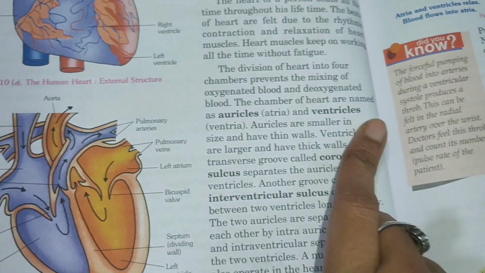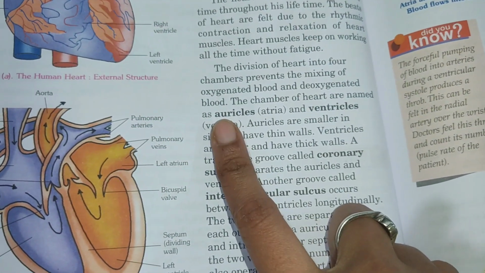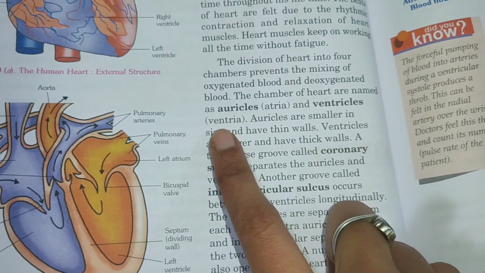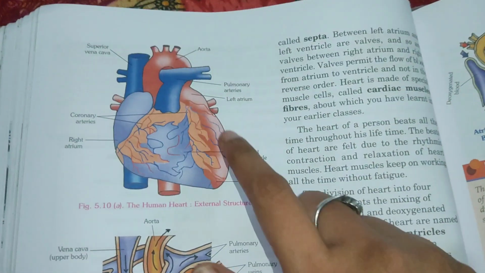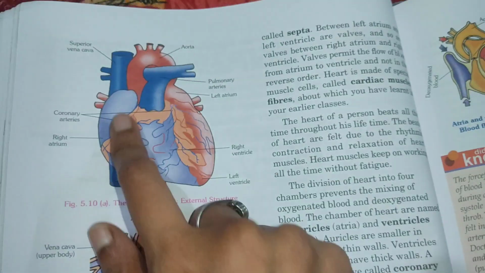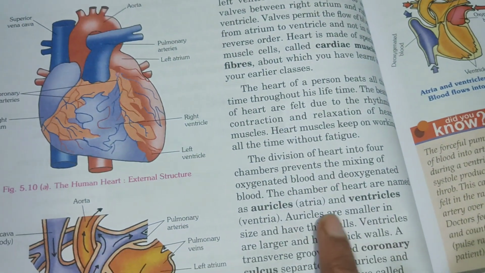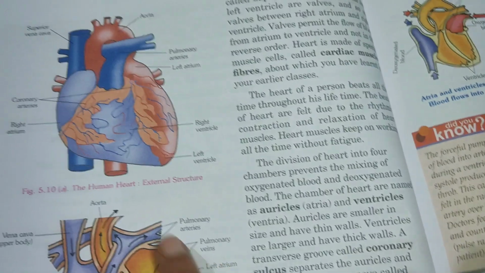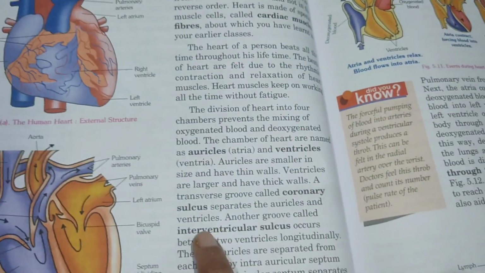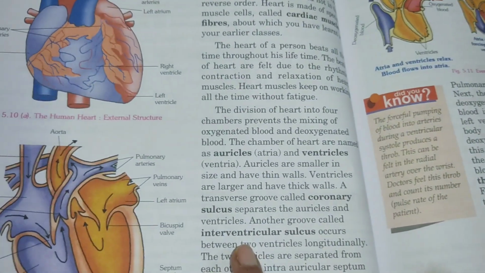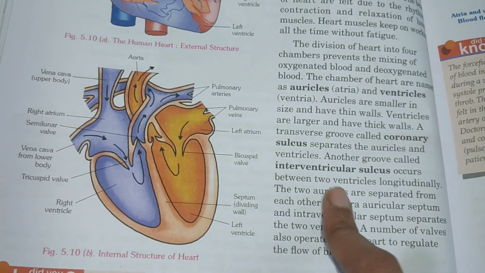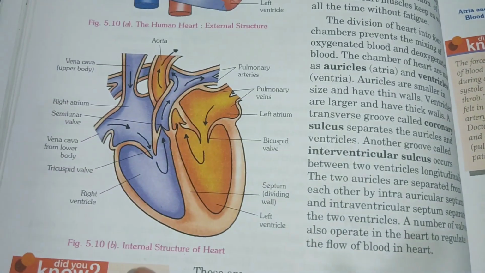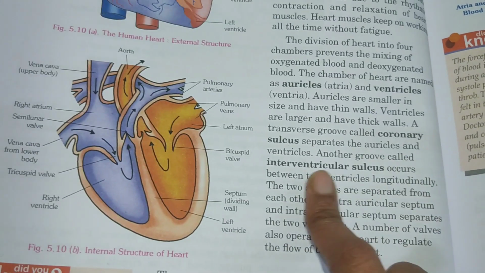The chambers of the heart are named auricles or atria, and ventricles. Auricles are smaller in size and have thin walls, while ventricles are large and have thick walls. A transverse groove called the coronary sulcus separates the auricles and ventricles.